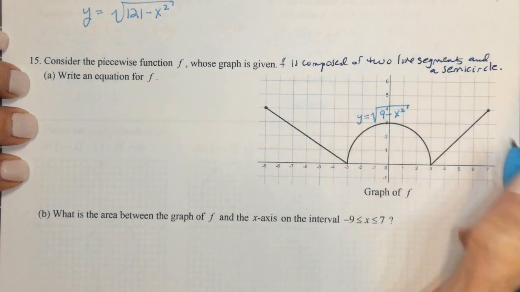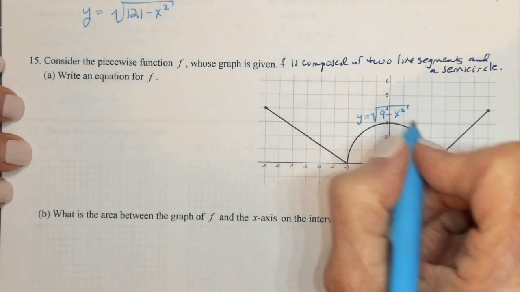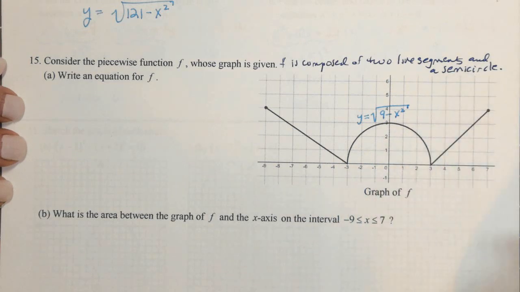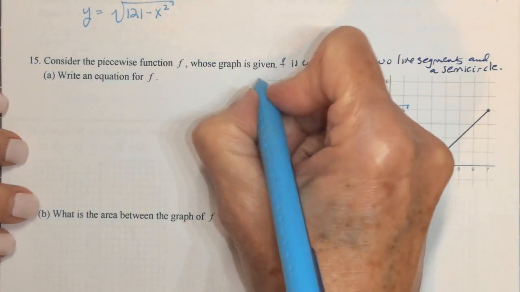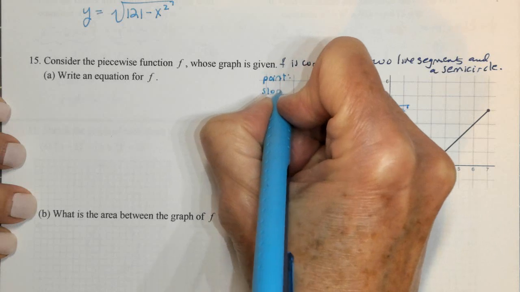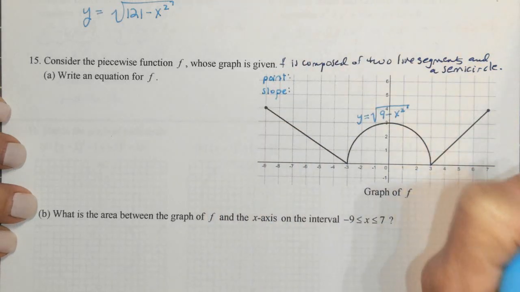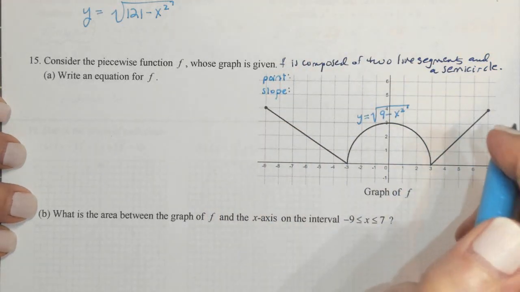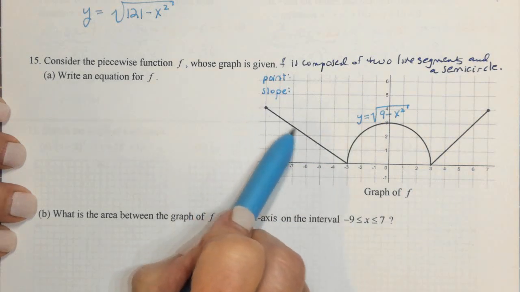Okay. The more difficult part is actually writing the equation of this line, but it gets easy when you know the process. For any equation of a line, you need a point and you need a slope. Point and slope. Once you know the point and slope, it's very easy to get the equation of a line. So we can pick any point on this line.